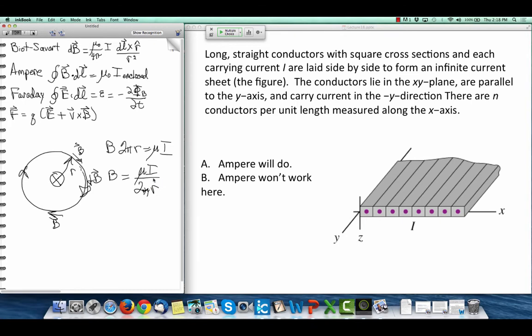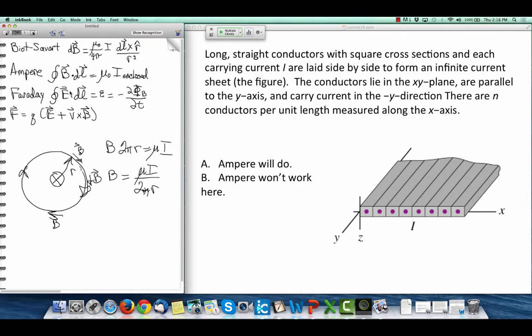So that's what Ampere's law lets you do. If you can find a loop, Ampere's law says integrate B around a loop. When you do that, it's related to the current that goes through the loop.